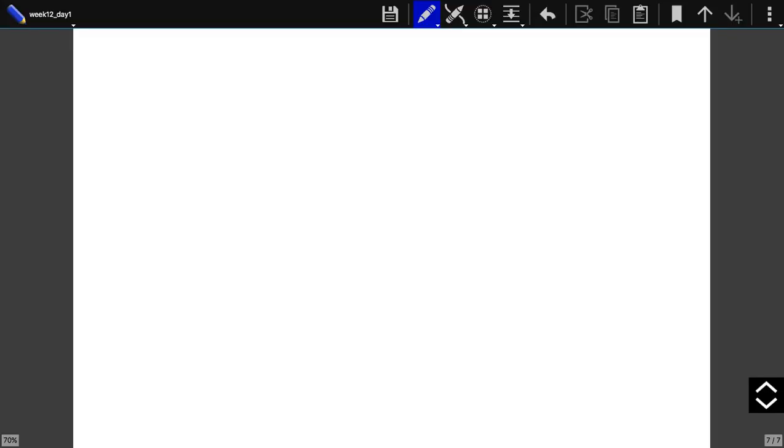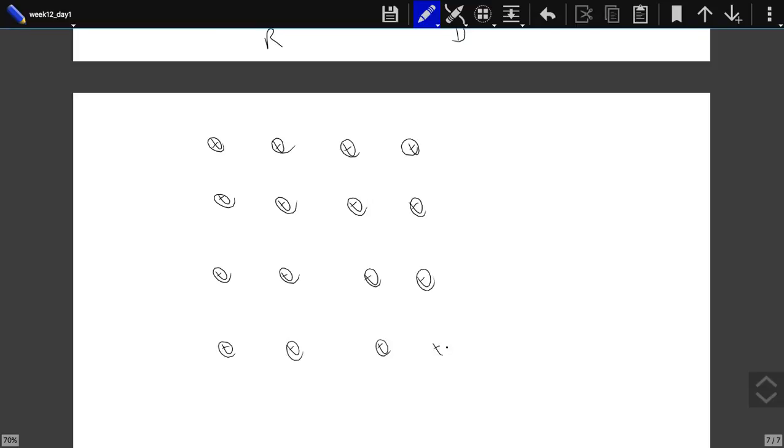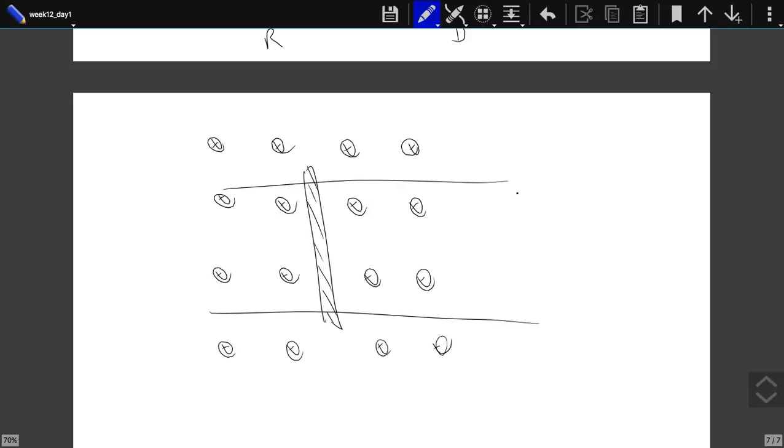Now to understand what's going on, let's look at this problem again. So we had this rod moving in a uniform B field case. This is in one reference frame where the B was uniform.